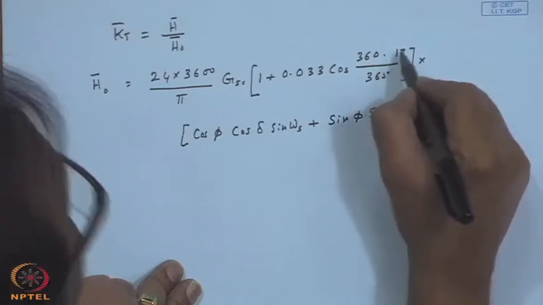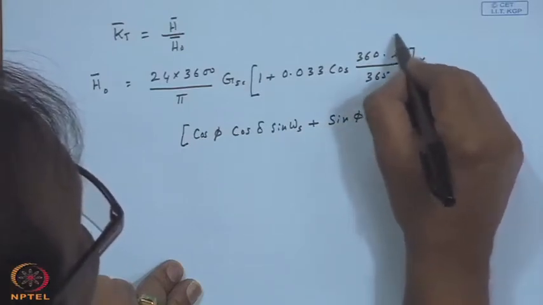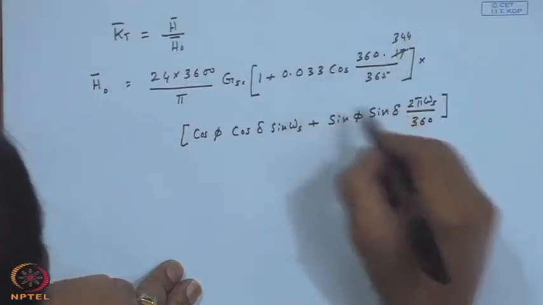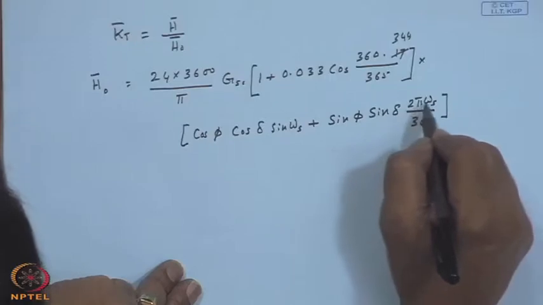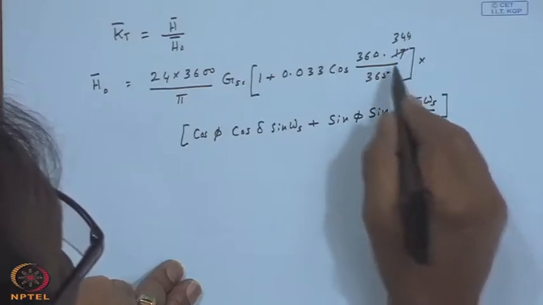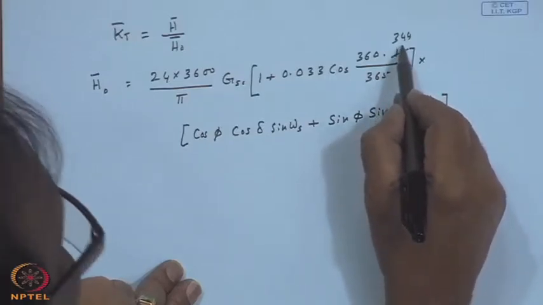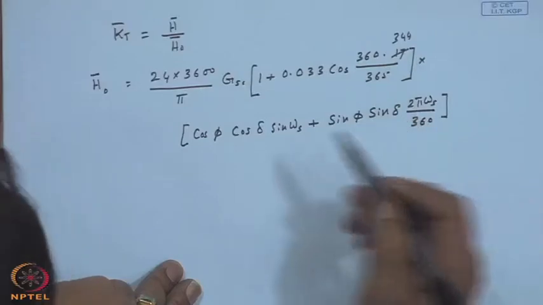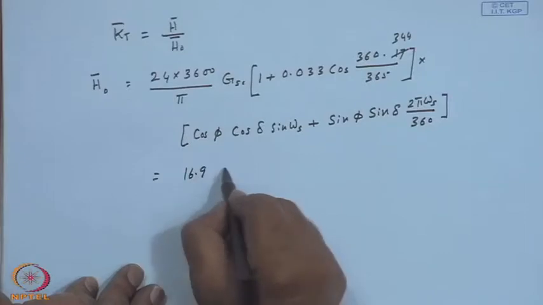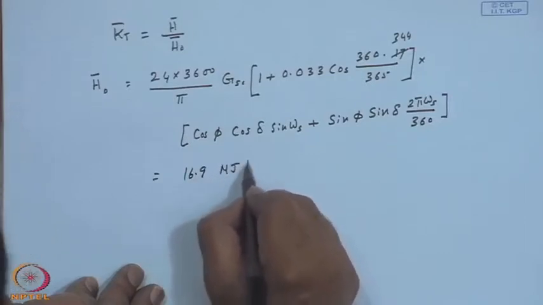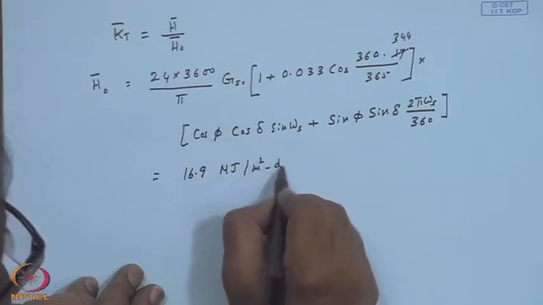I think this should be 344. Just check up. I have made the calculation correctly, but here the writing is wrong, because this will be the midpoint of the month of December. 2 pi omega s by 360. So, this will turn out to be 16.9 megajoules per meter square day.